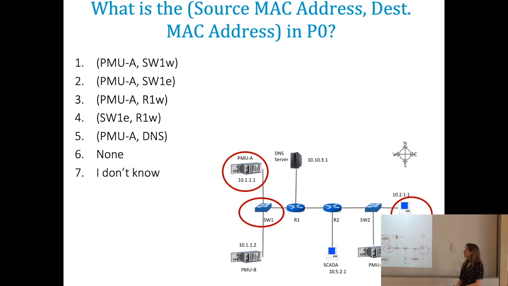Now what about the MAC address? So who thinks the source MAC address should be PMUA's MAC address and the destination should be the switch? Okay. Who thinks that the source is PMUA but the destination is the router?